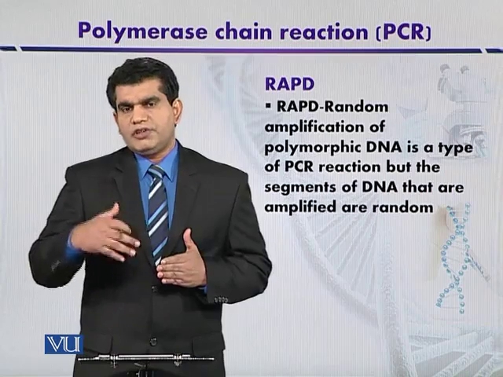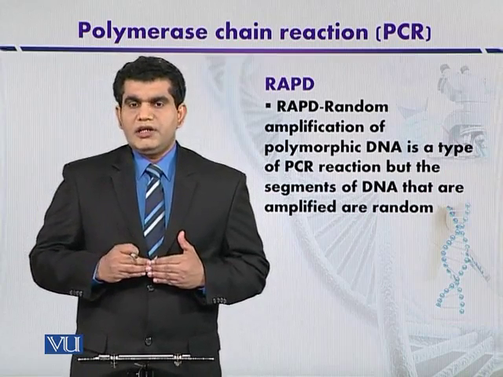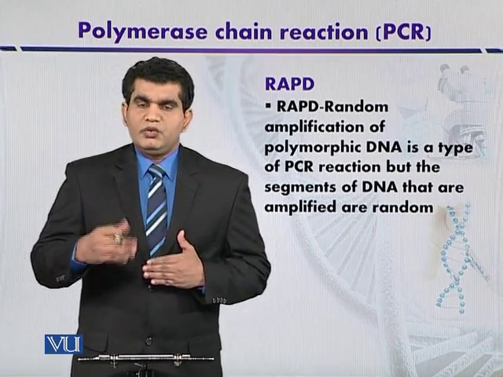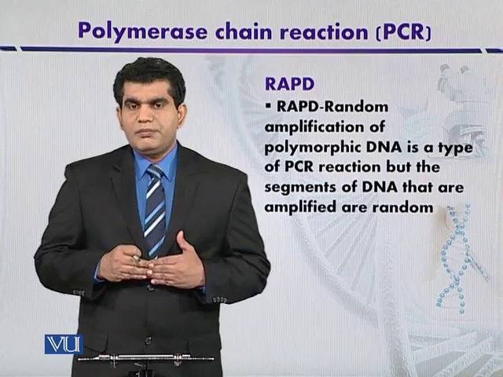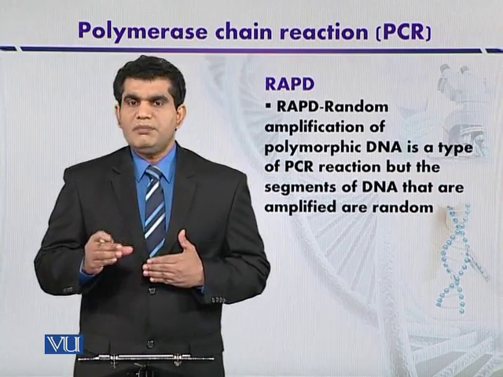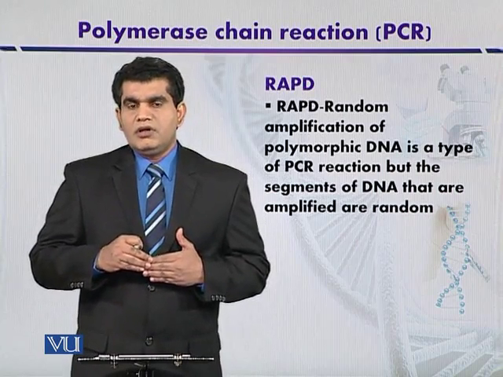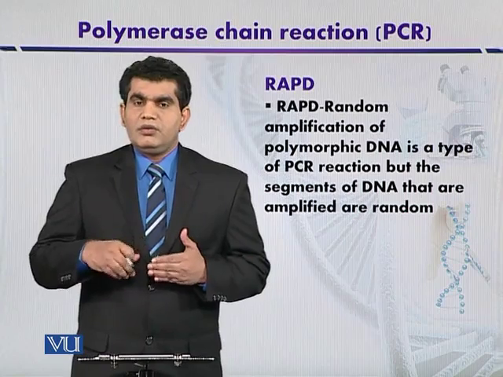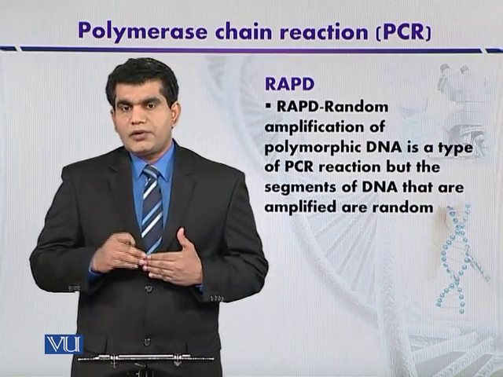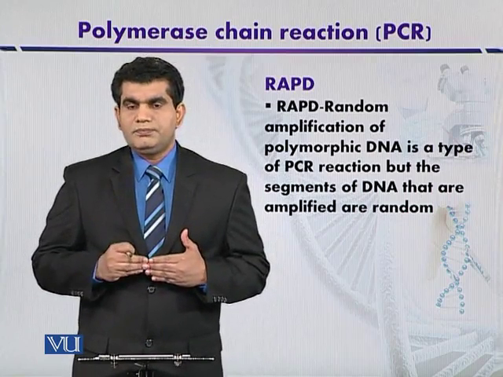At another time, suppose from the same microbe we have extracted the DNA and again evaluated it using the same primer set by RAPD. It is not necessary that the second time we will get the same banding pattern as the first time. The reason may be that during the passage of time mutations may occur within the genome of that organism, so the target site for the primer is missing.